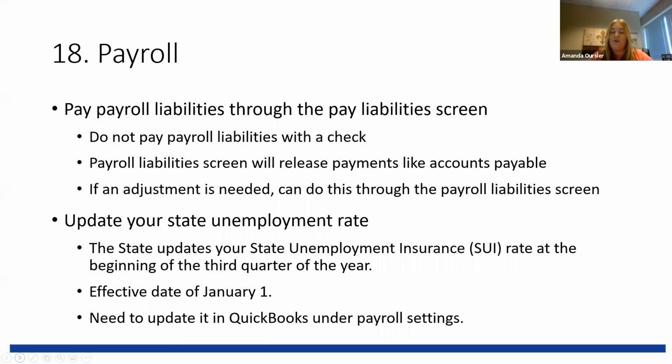Before you run your first payroll in 2022, you want to make sure that you go into your state unemployment payroll item and update that percentage. The reason you want to do it before your first payroll is because if you don't, your state unemployment is actually going to calculate incorrectly the rest of the year. So getting started on the right foot in 2022 will make sure that when you run your reports and run your pay liability screen, you've got the right amount in there.